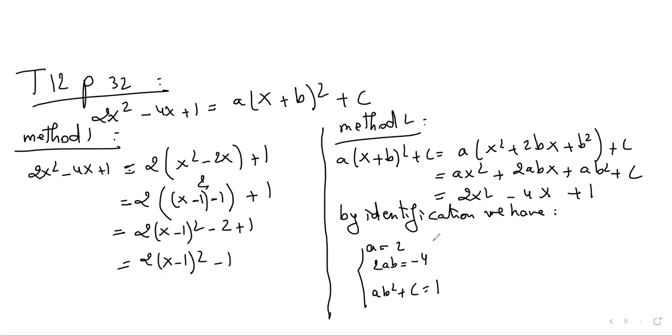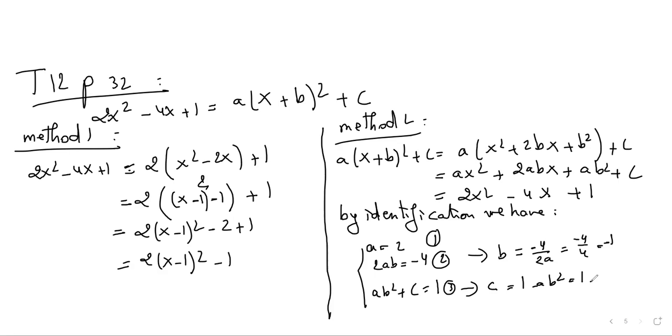Right, so the first one gave you that a is equal to 2, the second one will give you that b is equal to negative 4 divided by 2a. So negative 4 divided by 2 times 2, so negative 4 divided by 4, which is equal to negative 1. And the last one, the third, will give you that c is equal to 1 minus ab squared.